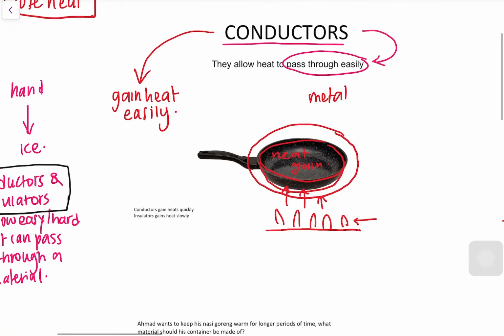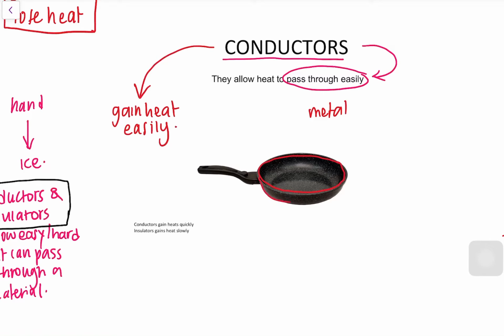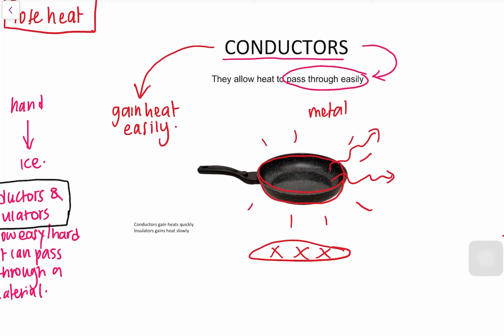So for example, this pan is hot. I'll just outline it with red to show you that it's hot. Imagine that this pan is hot and you have switched off your fire here, so there is no more fire here. So the heat from the pan would actually be lost to the surrounding.